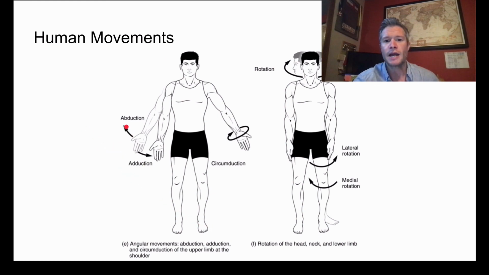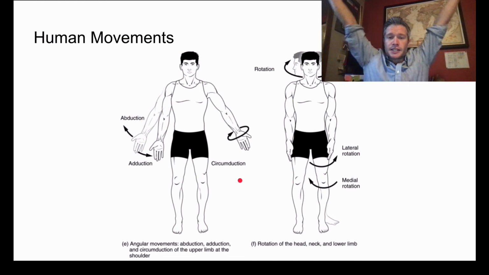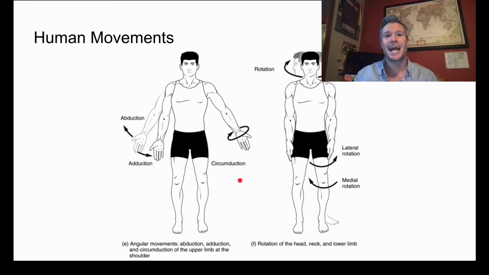So getting used to describing both where the action is occurring and the action itself is really useful. Okay, a few more, abduction and adduction. If you think of that coronal plane, if my arm comes up and out to the sides as it's coming up overhead, that's abduction. The way you can remember that, because it's kind of a funny word, is your classic movie scene: someone's walking along in the forest late at night, and all of a sudden a big spotlight hits them.